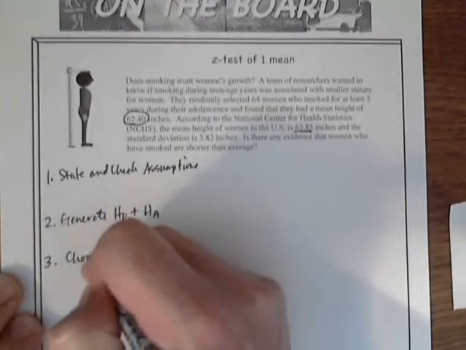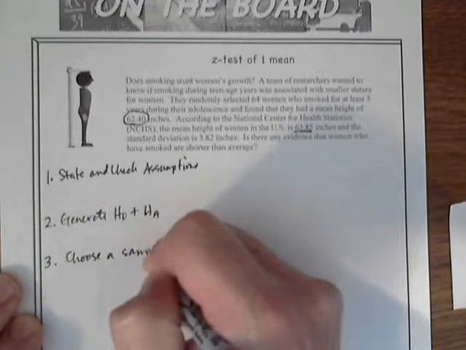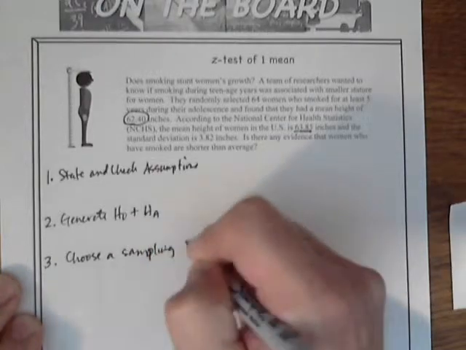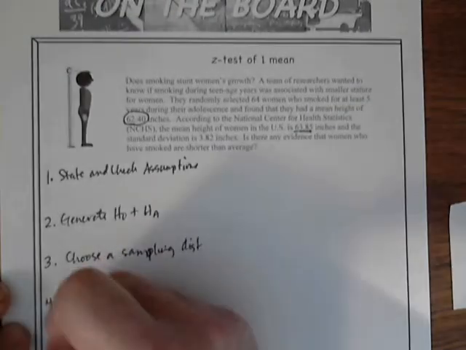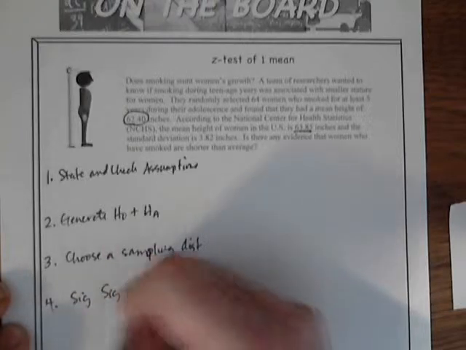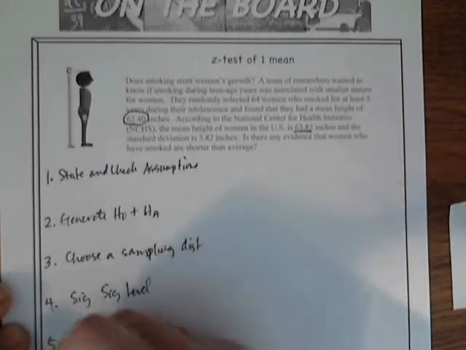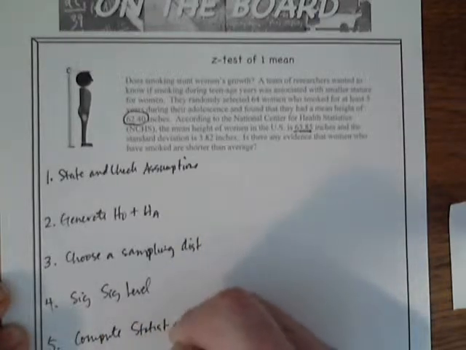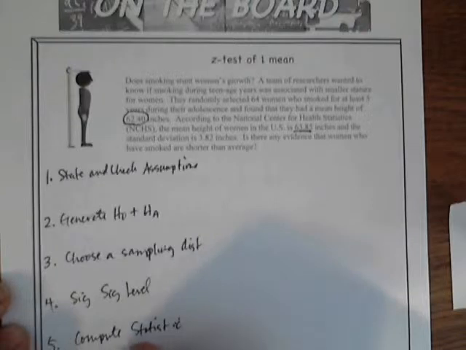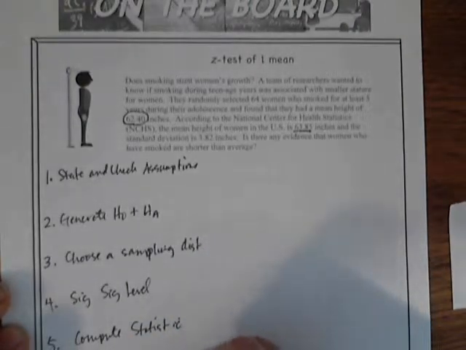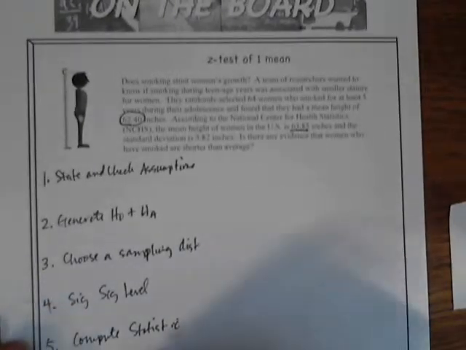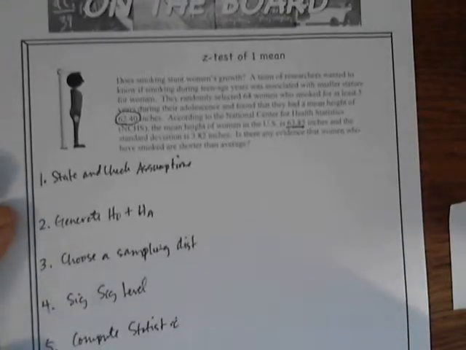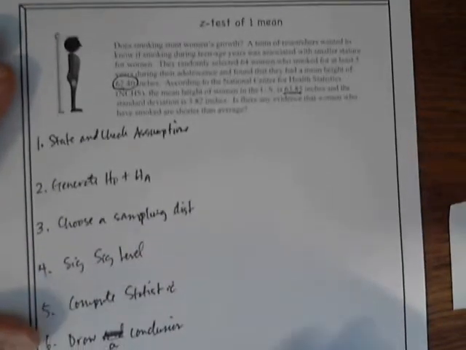Step 3 is we're going to choose a sampling distribution to work with. Step 4 is we're going to set a significance level. Step 5 is we'll compute our test statistic. And 6 is we will draw a conclusion.